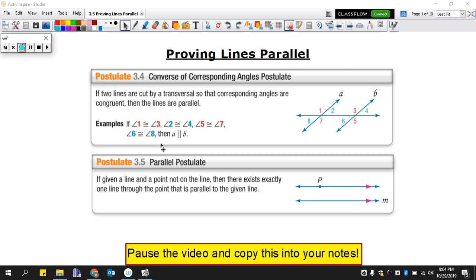So the first postulate we're going to talk about is the converse of corresponding angles. Converse basically just means the opposite of corresponding angles.